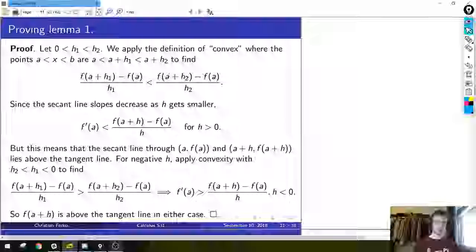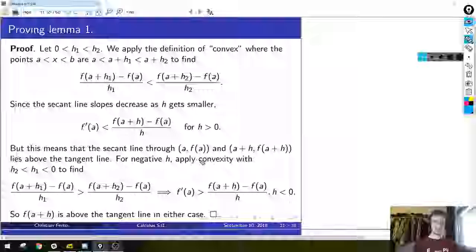Now, I've shortened it, but you can see that the argument with h negative is going to be very similar. If h is negative, now we just pick 3 points, h2 less than h1 less than 0. So again, I have to pick my 3 points to apply the definition of convexity, but now I pick them with h negative.